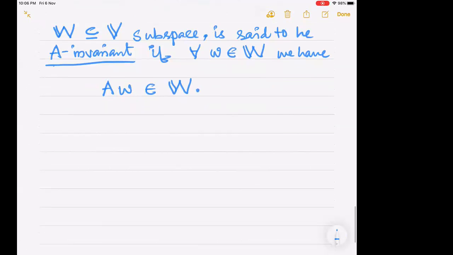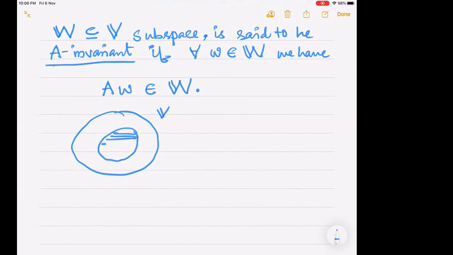Pictorially, suppose this is my vector space V, and within that, suppose there is a subspace W. Now, when A acts on it, A is a map from V to itself.